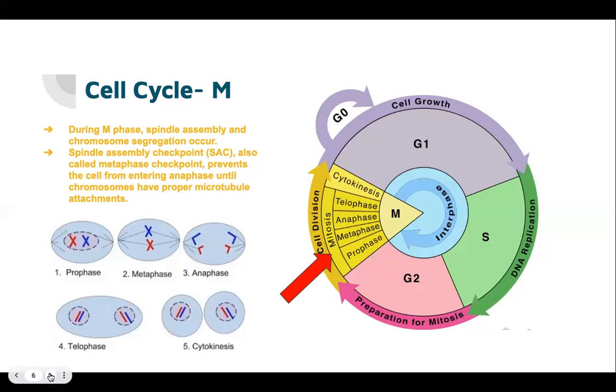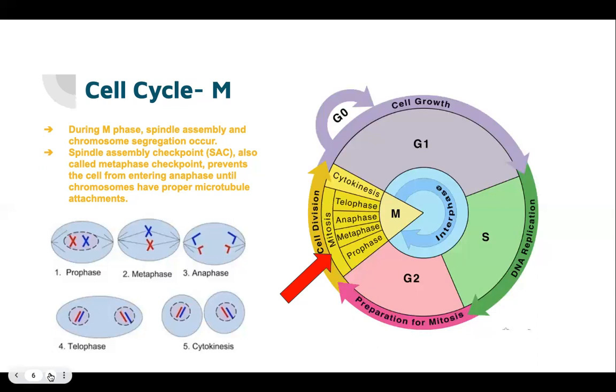And there's a major checkpoint as well within M phase that we'll touch upon more next week. But for now, just know that it's called the spindle assembly checkpoint. And it's also called the metaphase checkpoint because it prevents the cell from entering anaphase from metaphase.